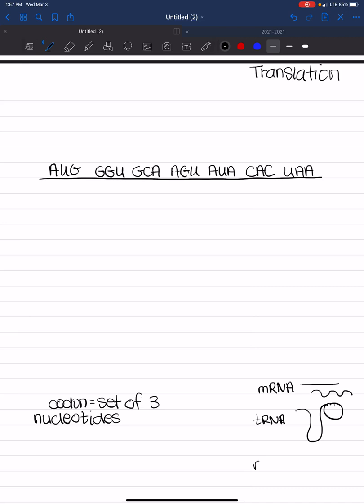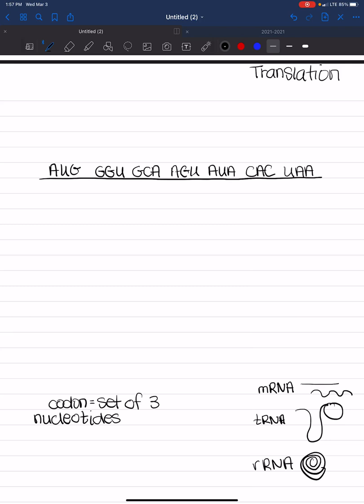And then ribosomal RNA is just going to be a blob. And if you remember, we talked about how the ribosome is a complex of proteins and ribosomal RNA. And so it's very complex. We're going to simplify it to this crazy blob right here.